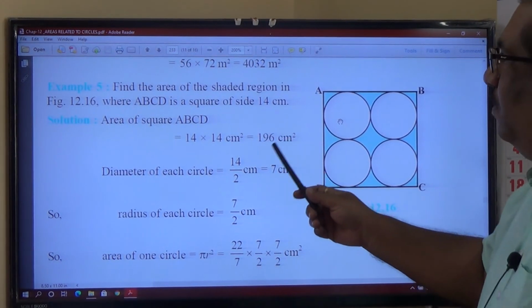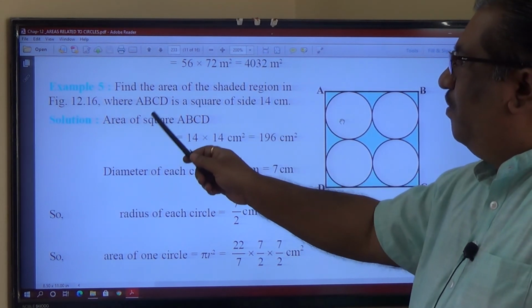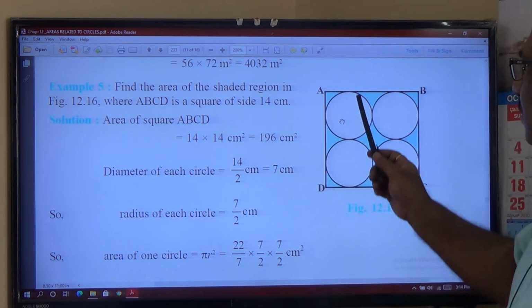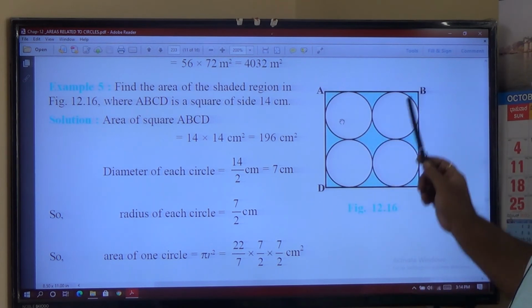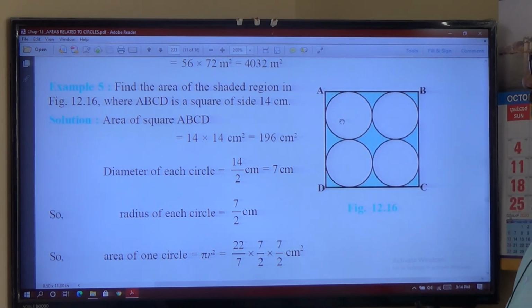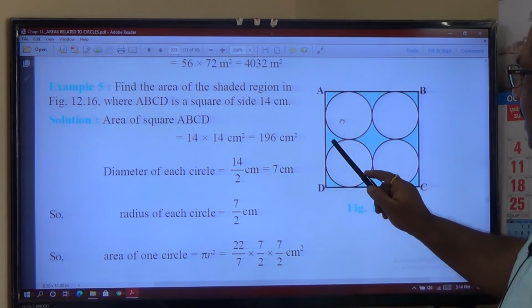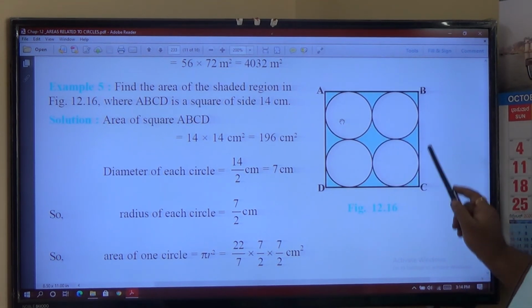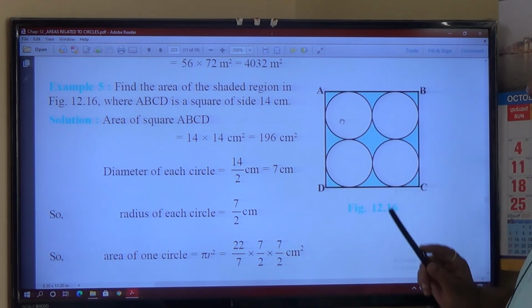Example number 5. Find the area of the shaded region in figure 12.16 where ABCD is a square of side 14 centimeter. So ABCD is a square of side 14 centimeter. AB equals 14 centimeter. Now in order to find the area of the shaded region, that is this shaded region, how can we find it? It is area of the square minus area of 4 circles.